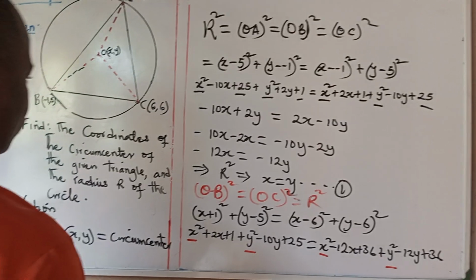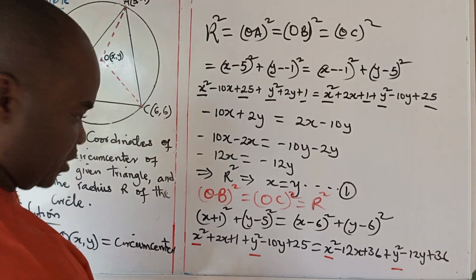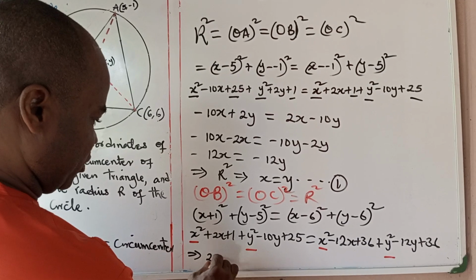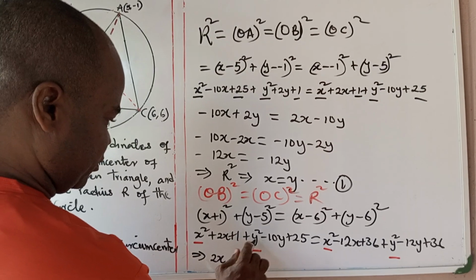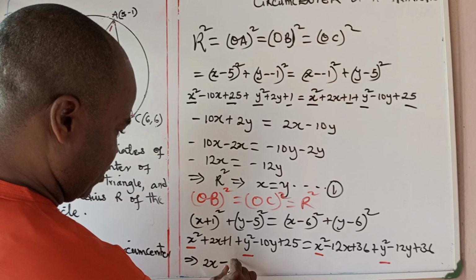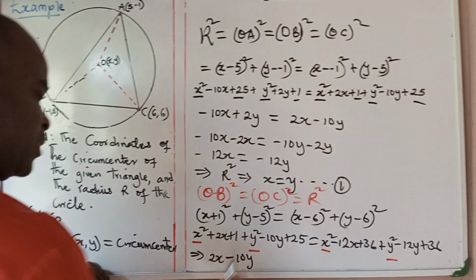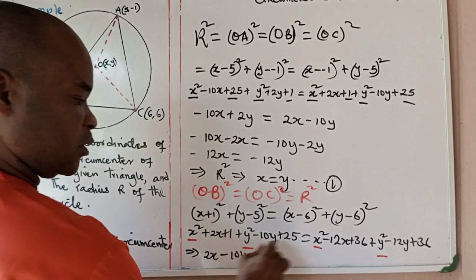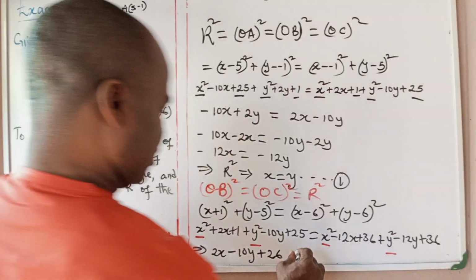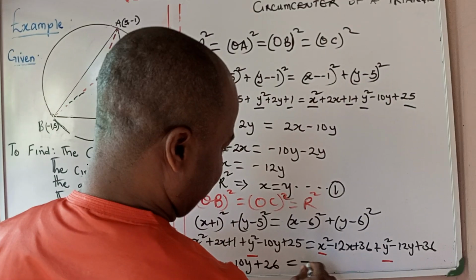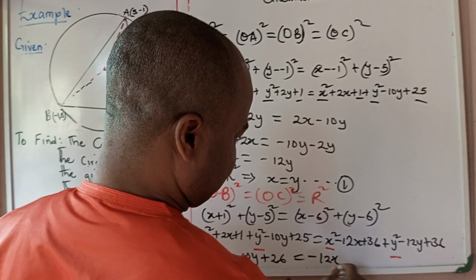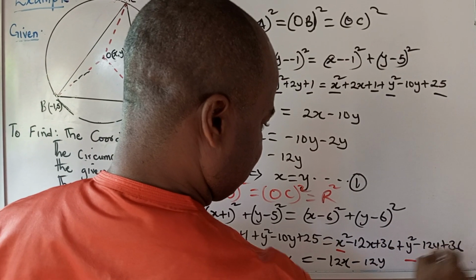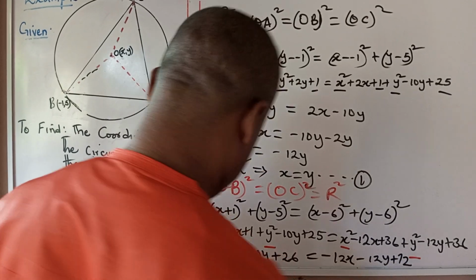So what is going to be left? We are going to have 2x minus 10y plus 26, because 1 plus 25 is 26. And on the right hand side, we are going to be left with negative 12x minus 12y, 36 plus 36 is 72.